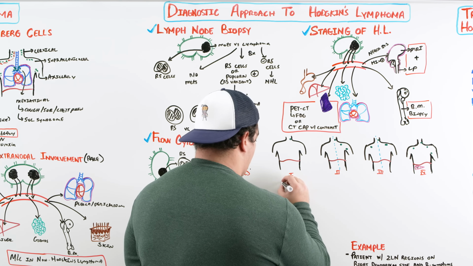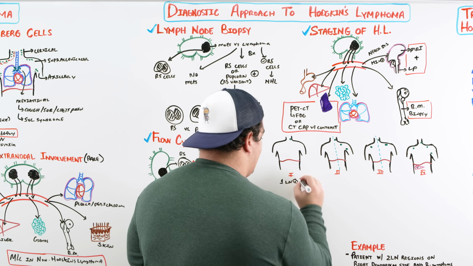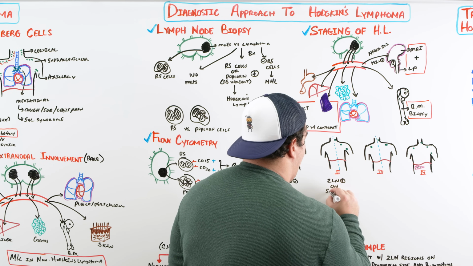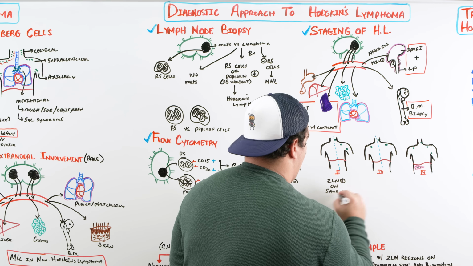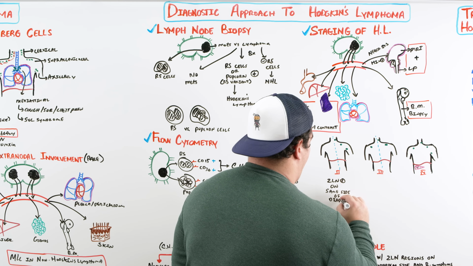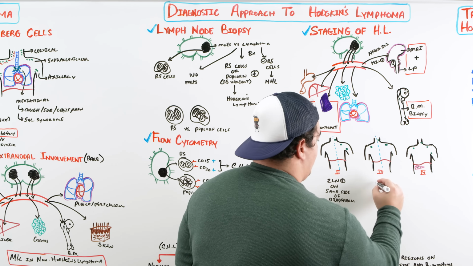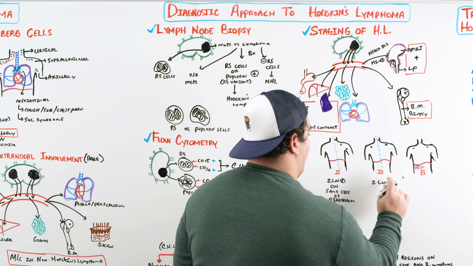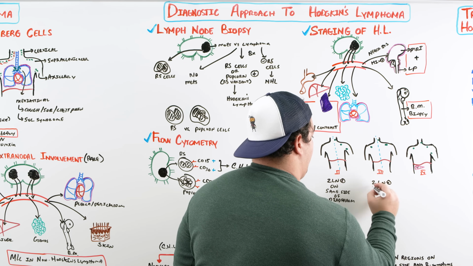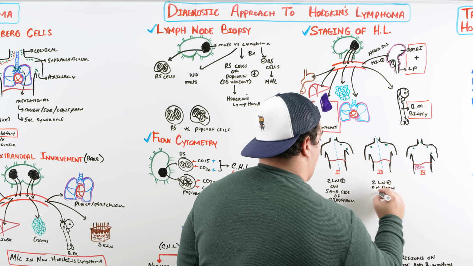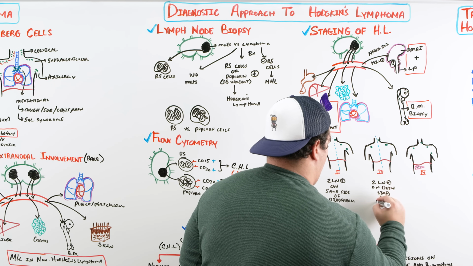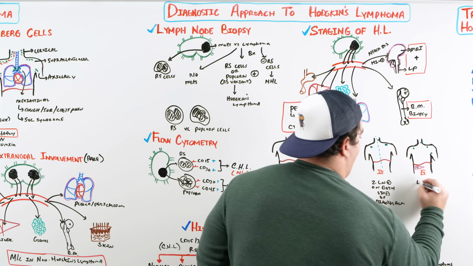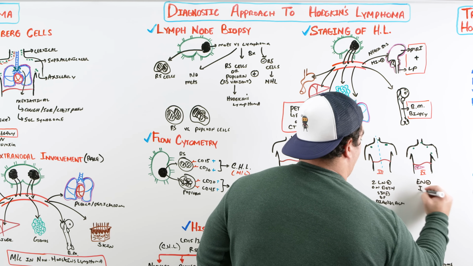So one lymph node is positive, 2 lymph nodes positive on same side of the diaphragm, 2 lymph nodes positive on both sides of the diaphragm. And then lastly, is there any extranodal positive involvement?